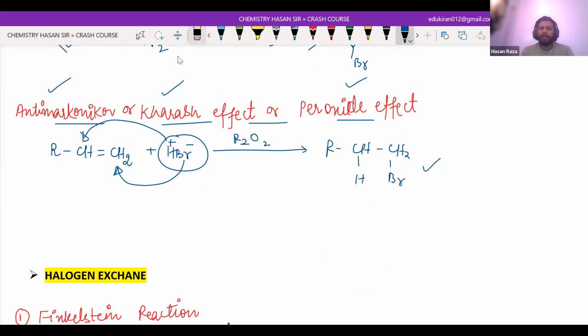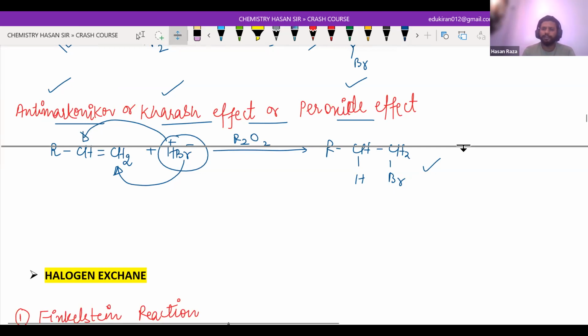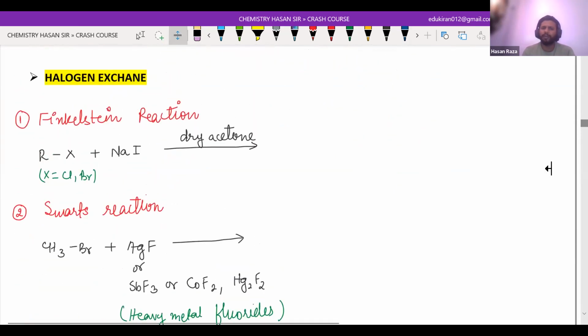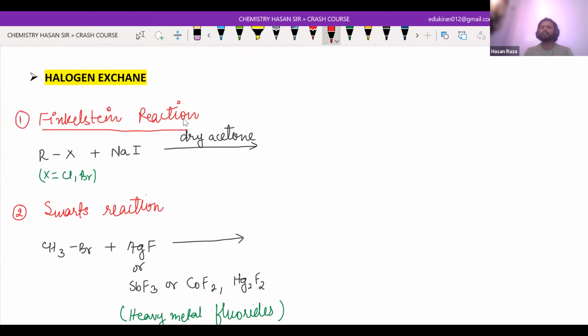After this, we have halogen exchange. This is also a method of preparation of haloalkanes. The first one is the Finkelstein reaction, in which we especially prepare alkyl iodide. So basically, this is your alkyl halide, where X is chlorine or bromine. And if you react this with NaI in the presence of dry acetone, why is it dry?